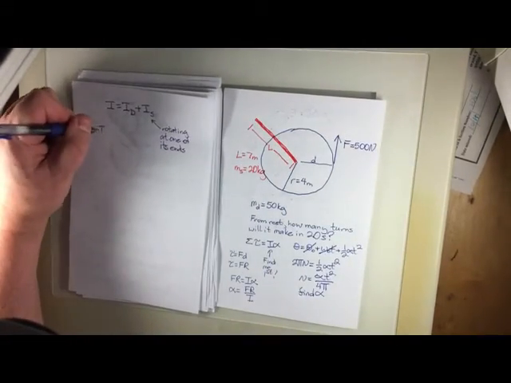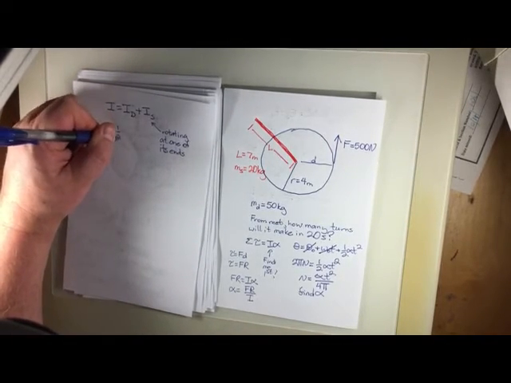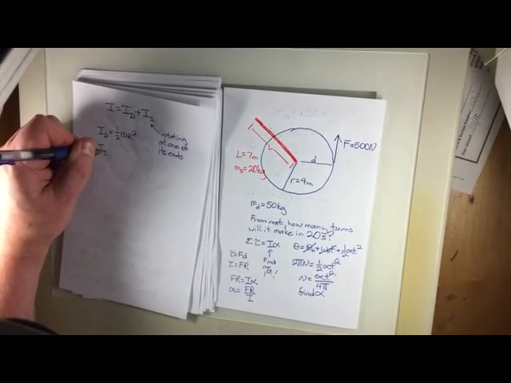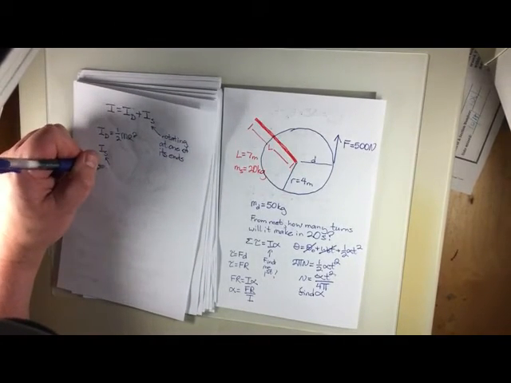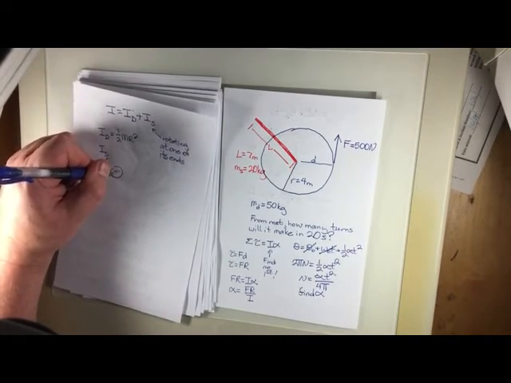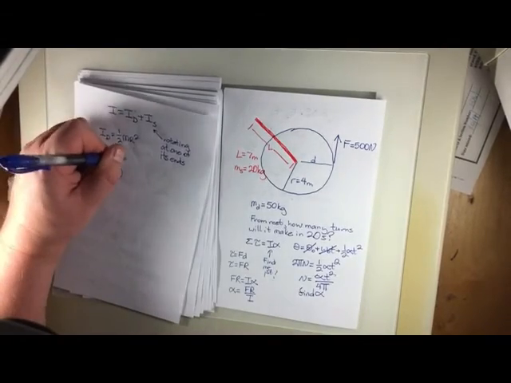Now the moment of inertia of a disc is 1/2 m r squared. The moment of inertia of a stick around its center of mass is 1/12 m l squared.